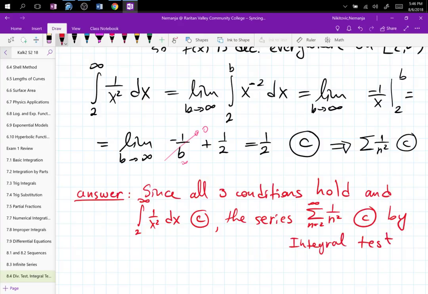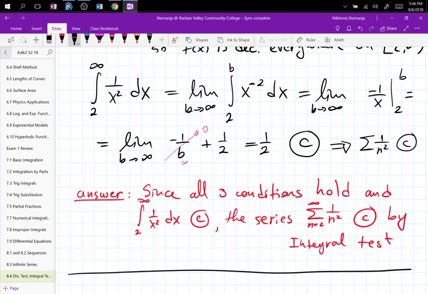So what you see in red is the answer to score the full credit on this question.